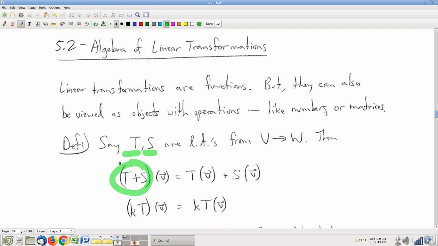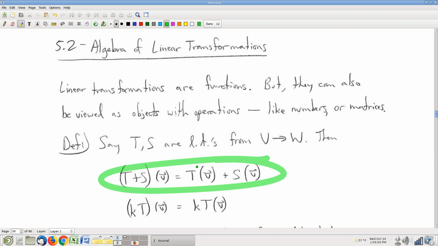And here's the formula. If I'm going to tell you what this new function called T plus S is, the way I tell you what a function is, is by telling you how to evaluate it. If you want to know what T plus S is, evaluate it at the vector v by way of this formula. That's what T plus S is.